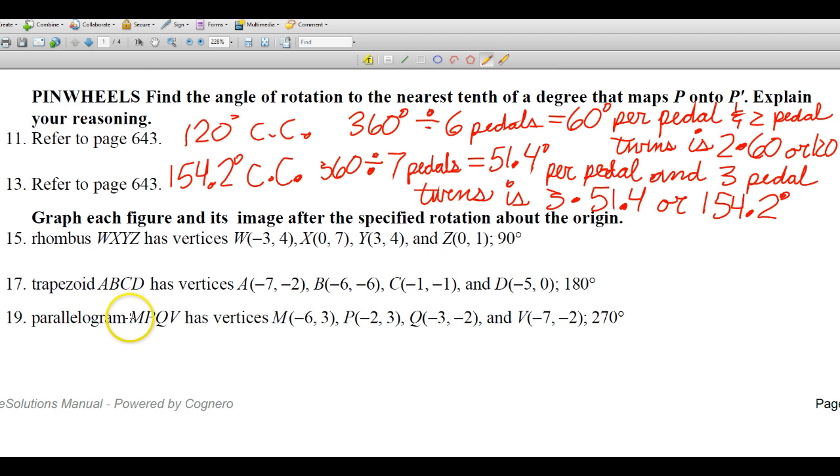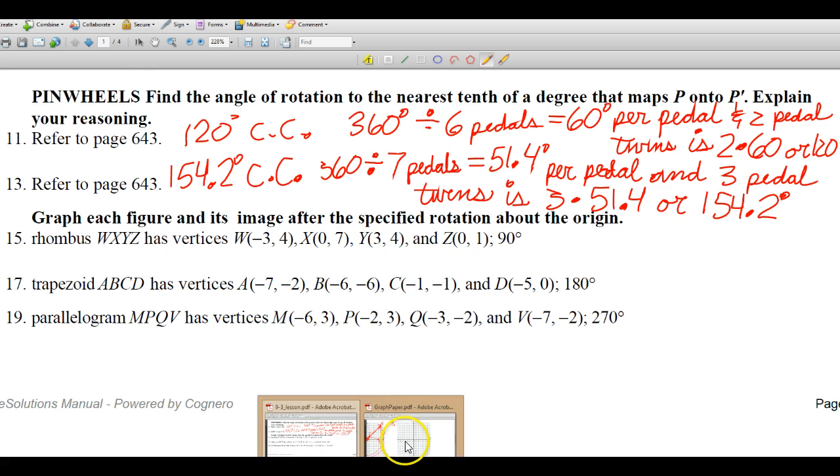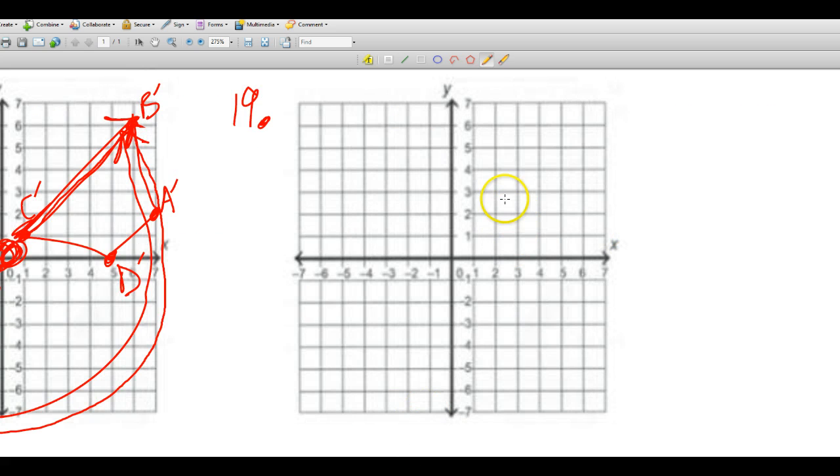19. Rotate parallelogram MPQV 270 degrees, and once again it doesn't state clockwise or counterclockwise, so we just assume it means counterclockwise unless otherwise stated.